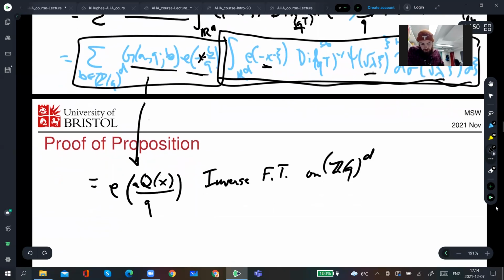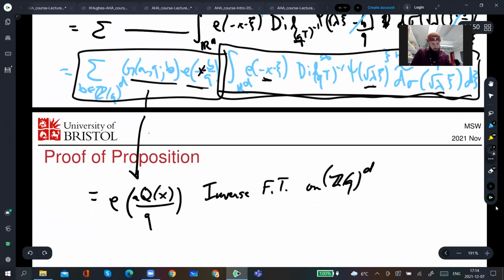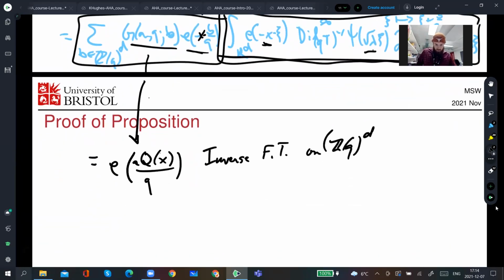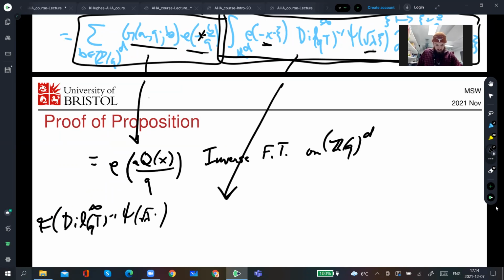So when you do the inverse Fourier transform, right, I get this last expression is the inverse Fourier transform of a certain dilation, times, or convolved with the inverse Fourier transform of this measure, which is the square root lambda.